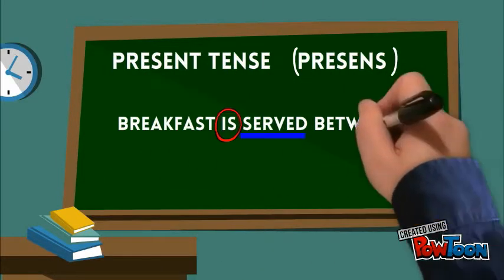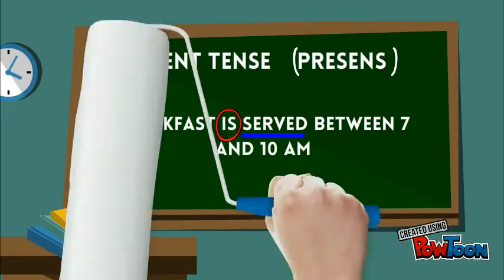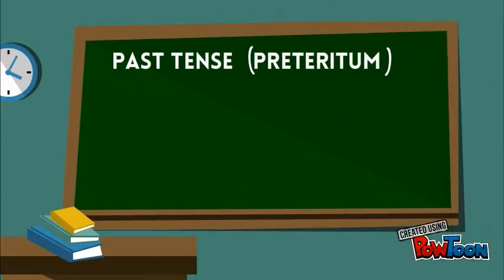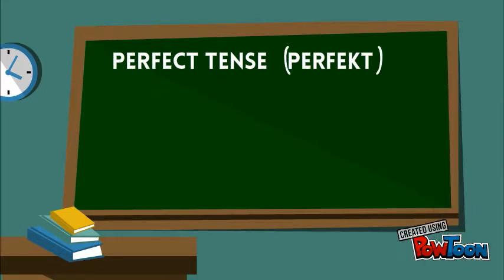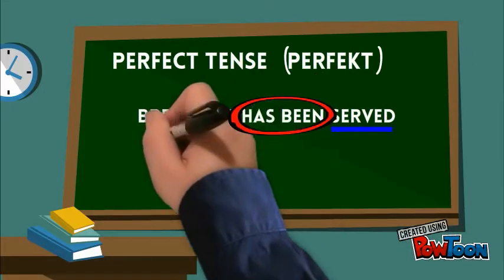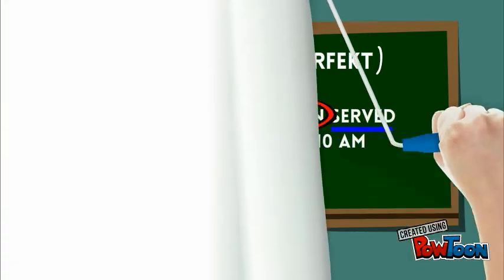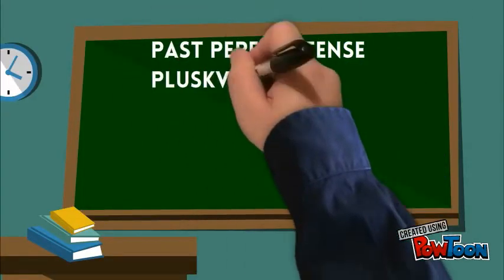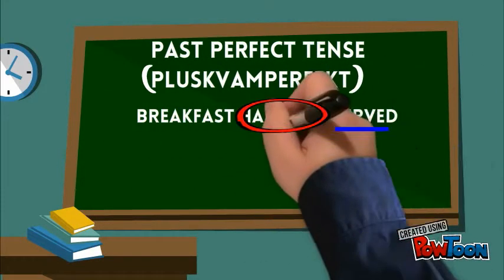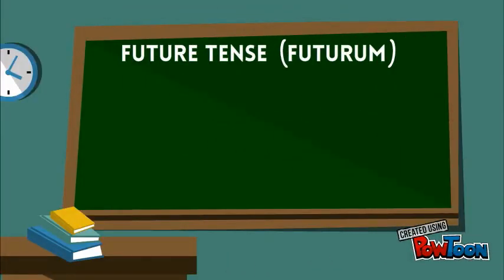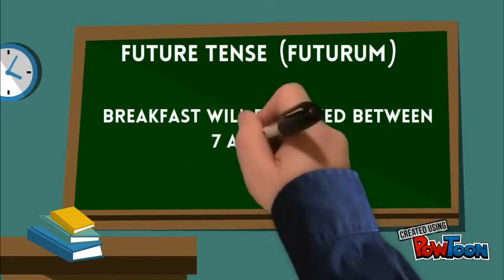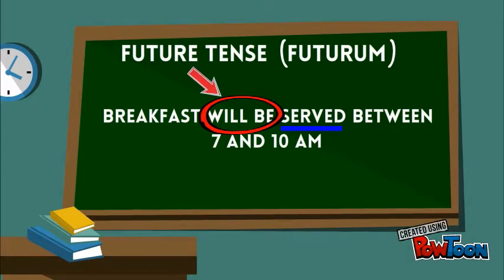Breakfast is served between 7 and 10 a.m. The same sentence in past tense becomes breakfast was served between 7 and 10 a.m. In perfect tense, breakfast has been served between 7 and 10 a.m. In past perfect tense, breakfast had been served between 7 and 10 a.m. Future tense, breakfast will be served between 7 and 10 a.m. Notice how the form of the verb be changes, but the following verb stays the same.